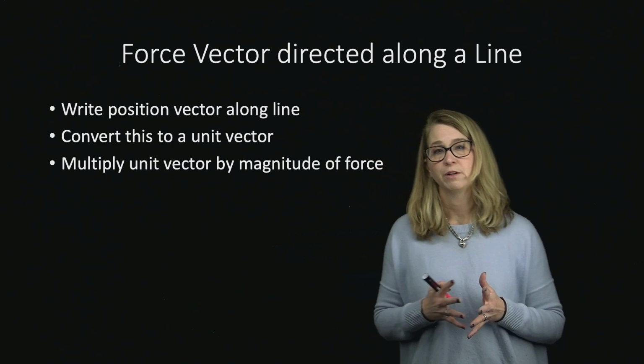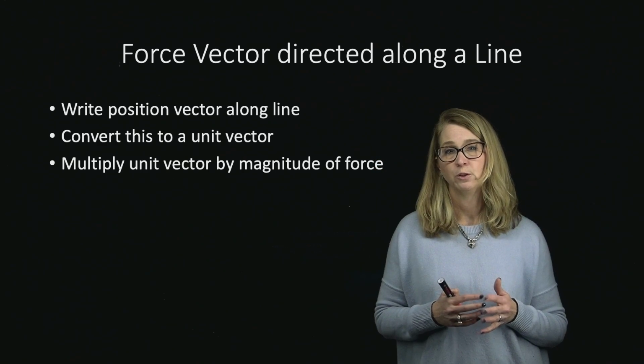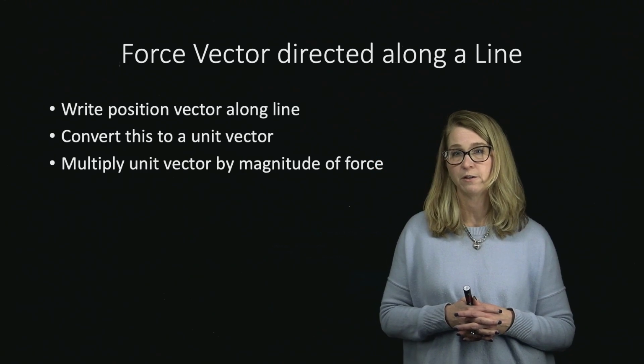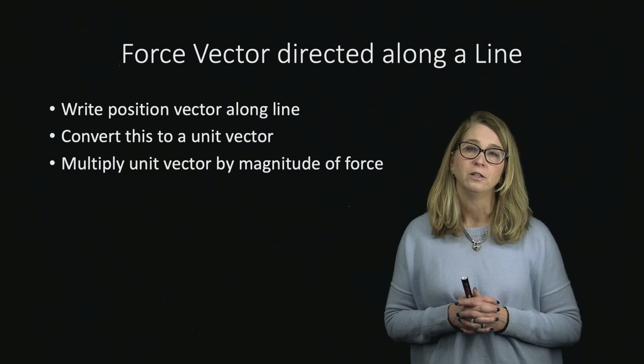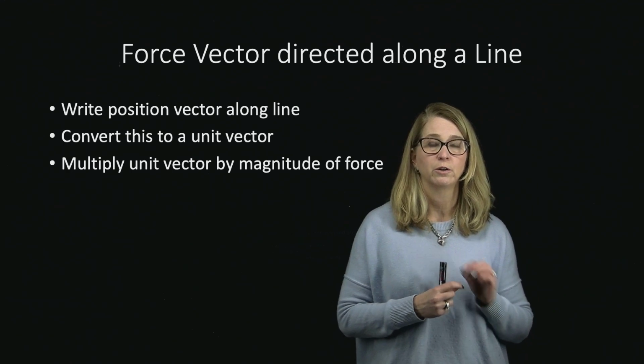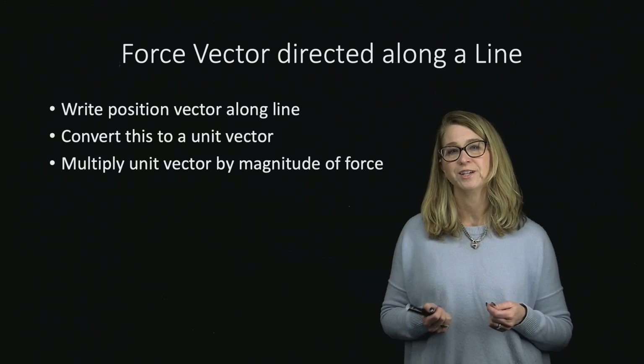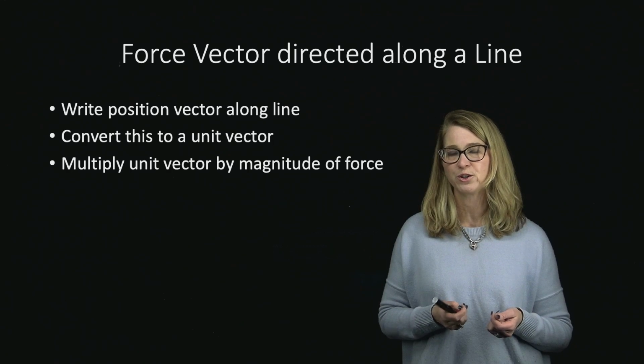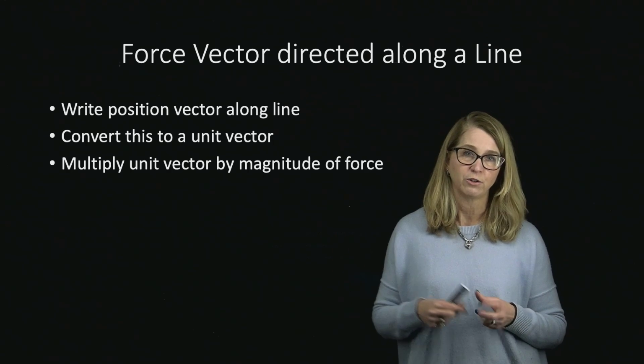So there's basically three different things that you have to do in order to get to the vector itself. The first thing is you need to write a position vector that goes along the line. And of course, it's important that that position vector goes in the right direction.